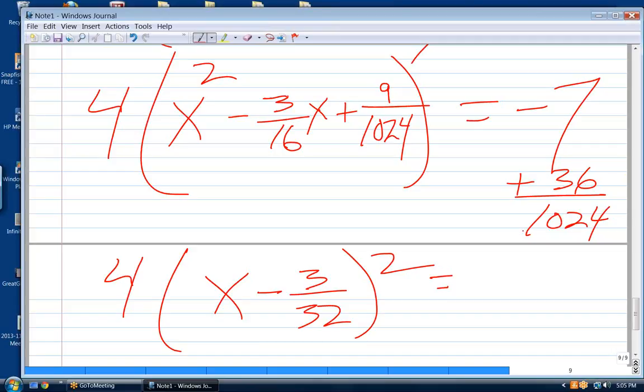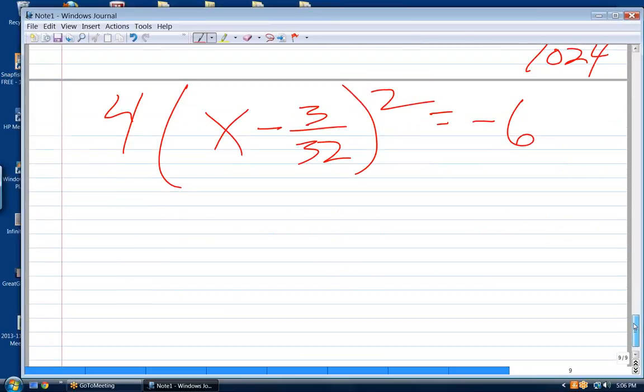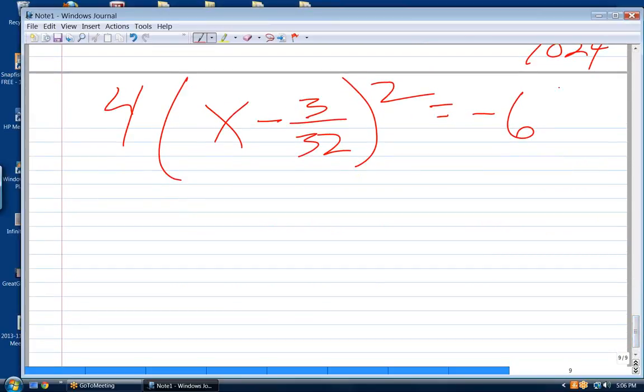Gosh, I don't know. Minus 6 and something. I didn't mean to make these numbers so big. But the rest of the problem should be fairly straightforward to you. Let's say that it's 6.5. It's not 6.5, but for practical purposes, I'm going to call that 6.5, which is minus 13 halves.